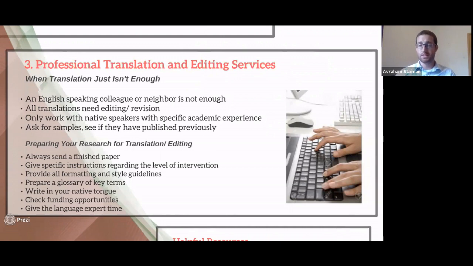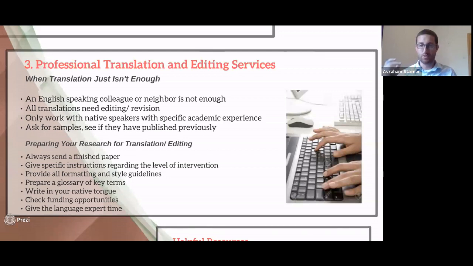There are also things that you can do, which I really highly recommend, which can make the process simpler and smoother once you have chosen that translator or editor, both for them as well as for you. The first thing to do is always send a finished paper. Don't look at the translation or editing process as one stage in a process whereby you're going to go and redo things later.